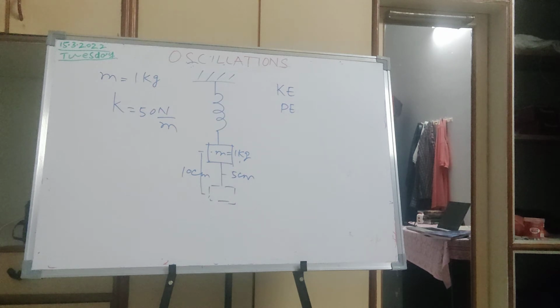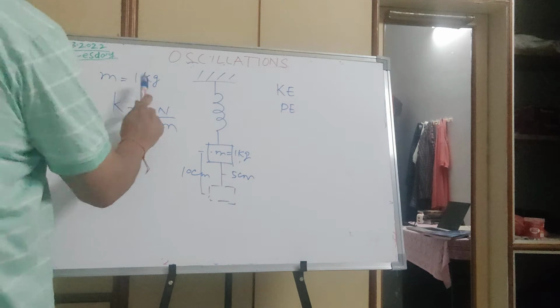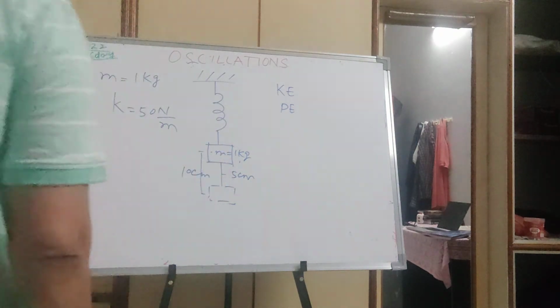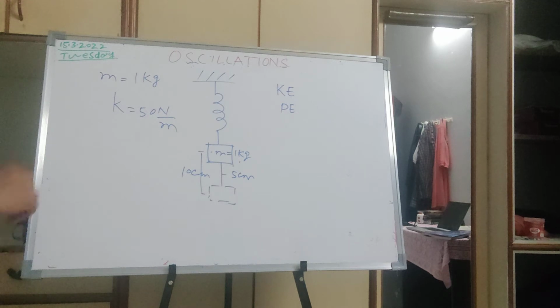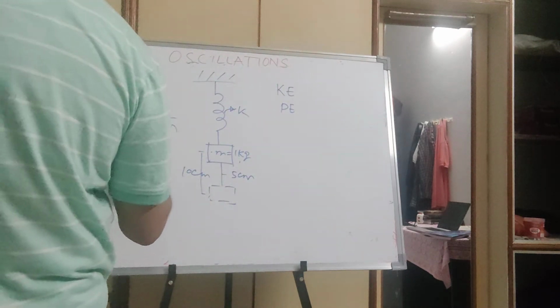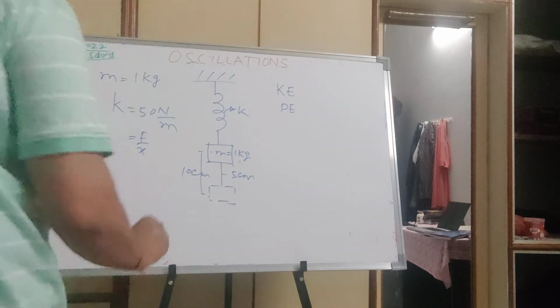So they're telling the mass attached to this spring is 1 kg. The stiffness is equal to 50 Newton per meter. The spring always has a stiffness, and we have discussed that stiffness is nothing but force per unit displacement.